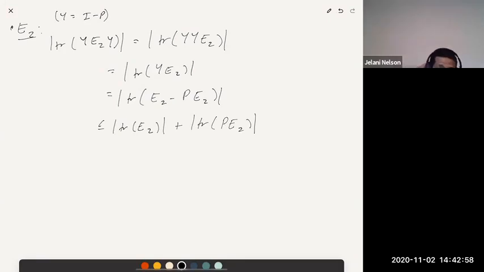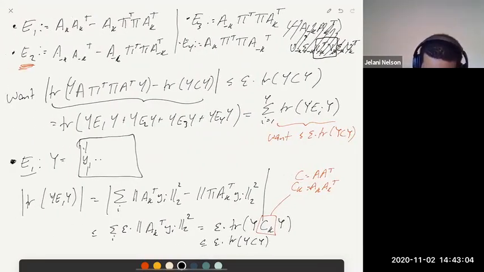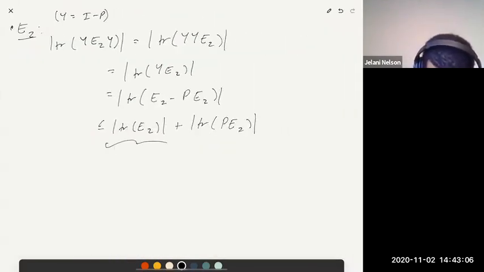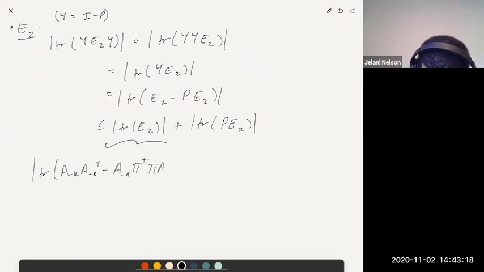Now what's the trace of E2? What is E2? It's the version with the minus K. So let's just write it. This is equal to the trace of A minus K transpose minus the version with pi's, A minus K pi transpose, pi A minus K transpose.